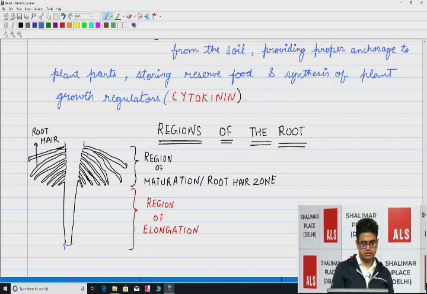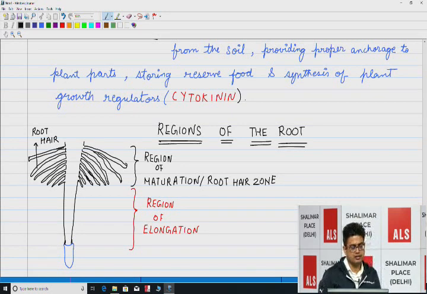It's very slightly more than the region of root, like a helmet-like structure.